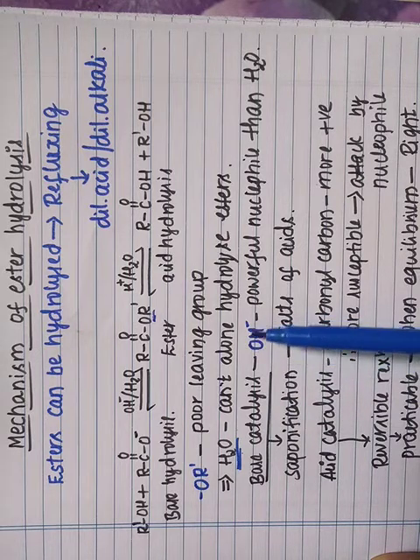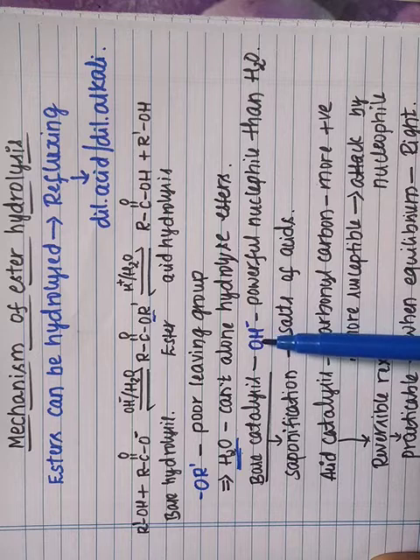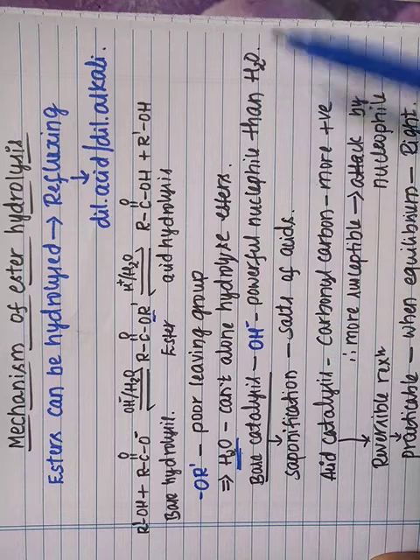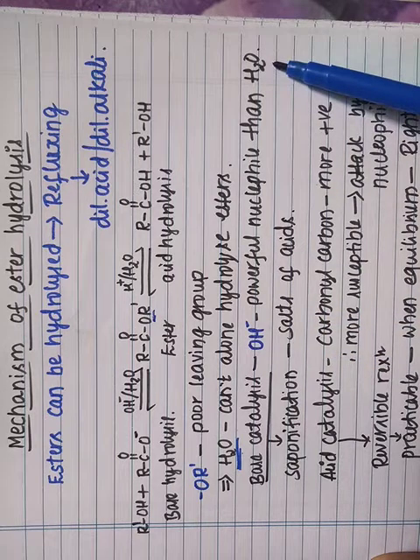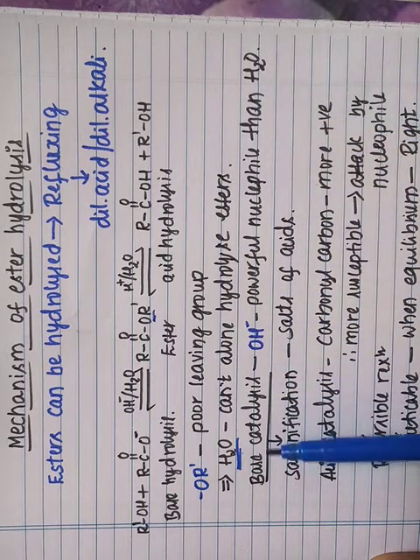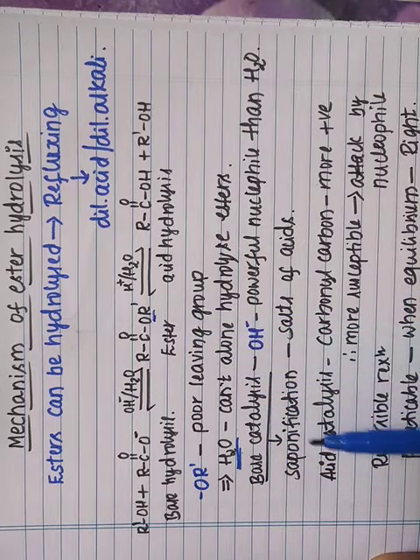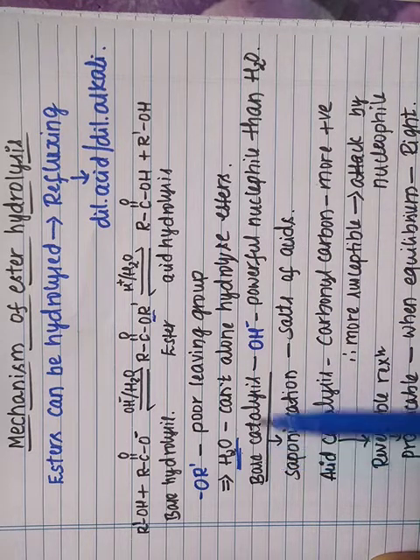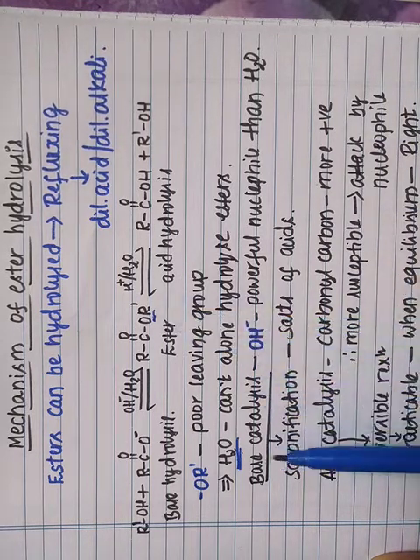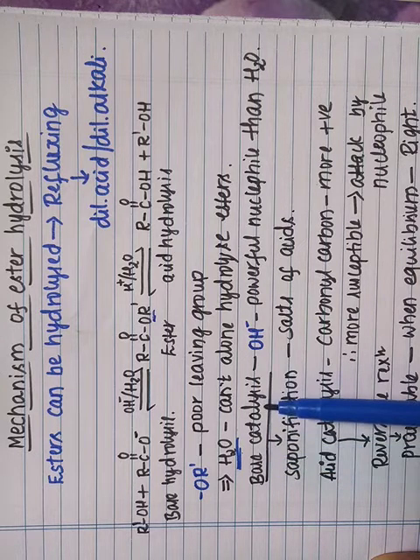The OH minus ions produced by the dissociation of the base are a powerful nucleophile when compared to water. The base catalysis of the esters is called saponification. When the esters are subjected to saponification, they form the salts of the acids.